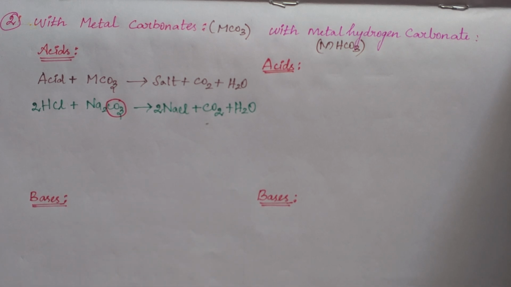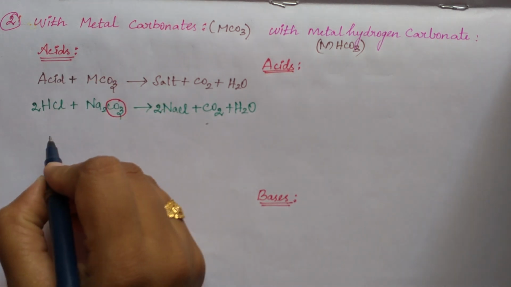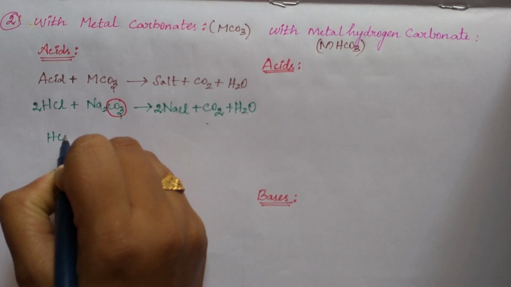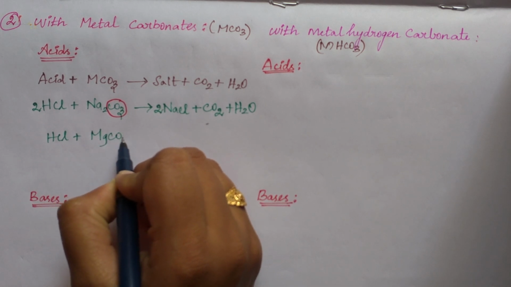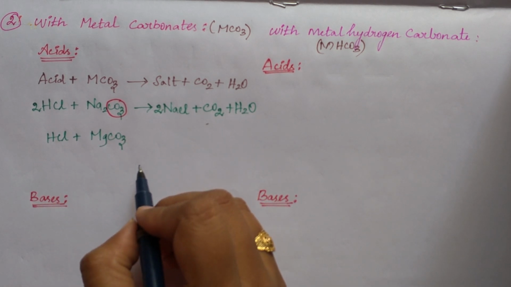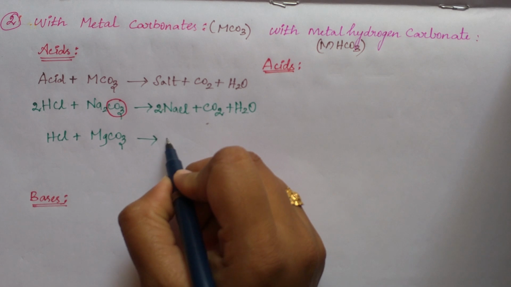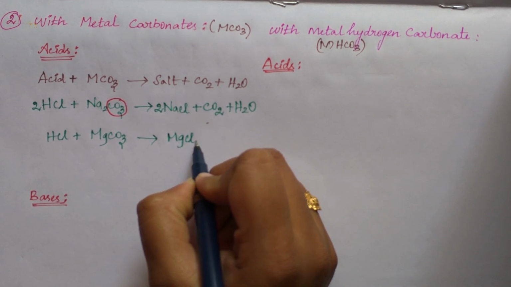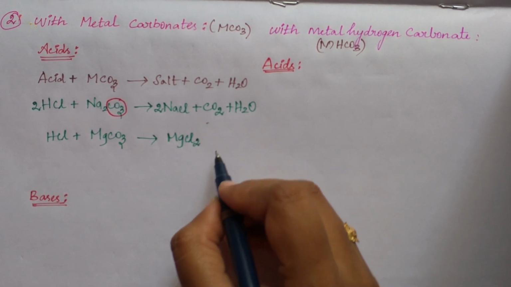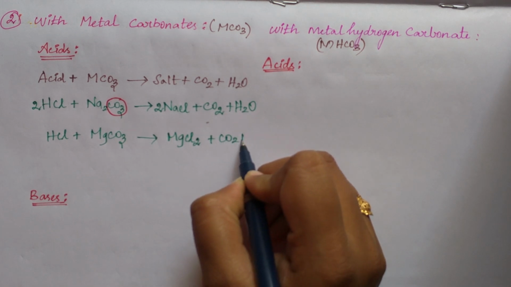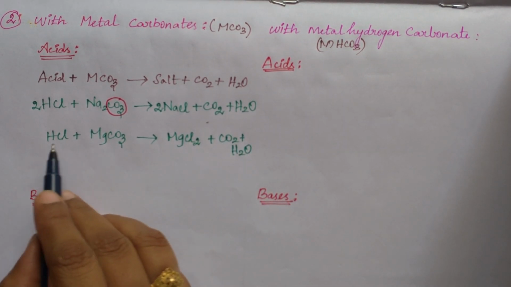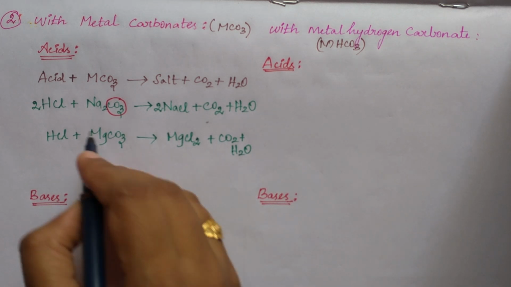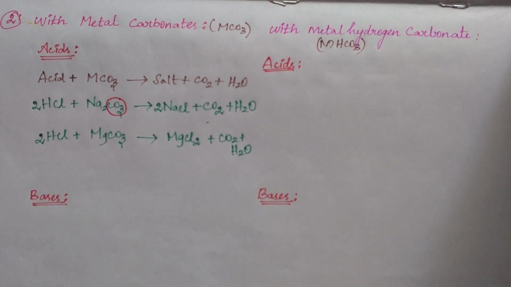The same HCl reacts with magnesium carbonate, formula MgCO3. It gives magnesium chloride, MgCl2, and CO2 plus H2O. Here you have to balance 2 chlorine, so here I am putting 2.